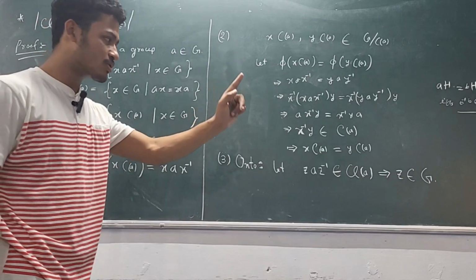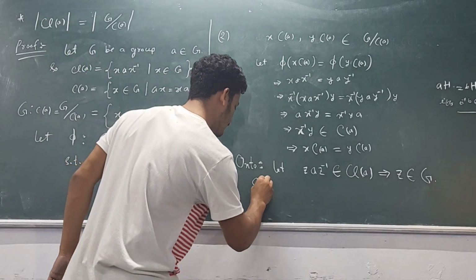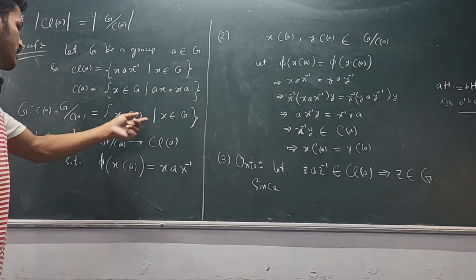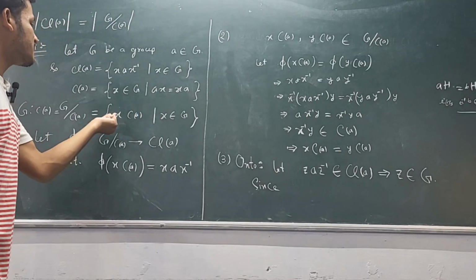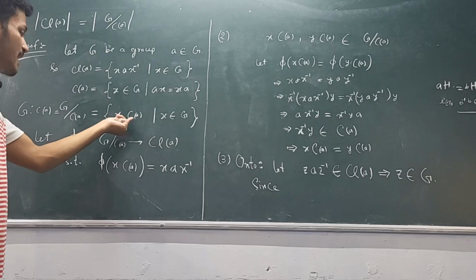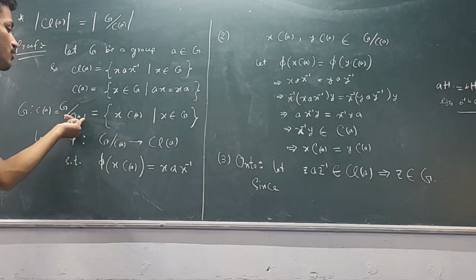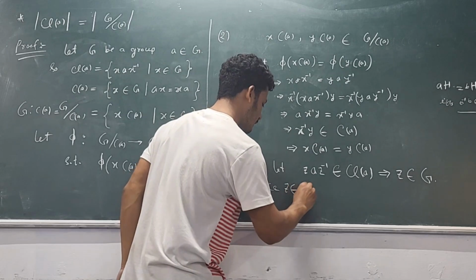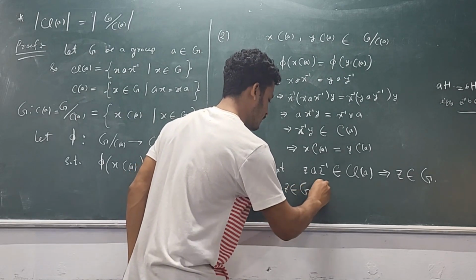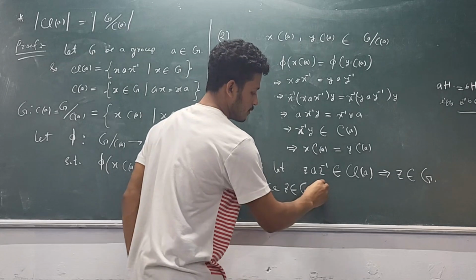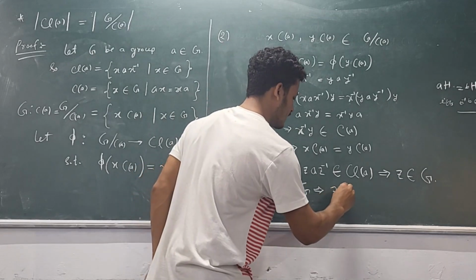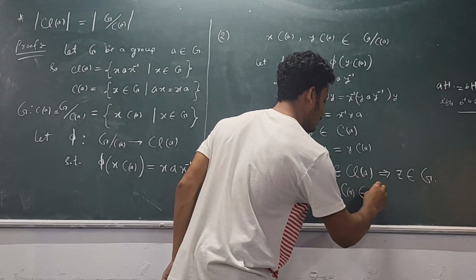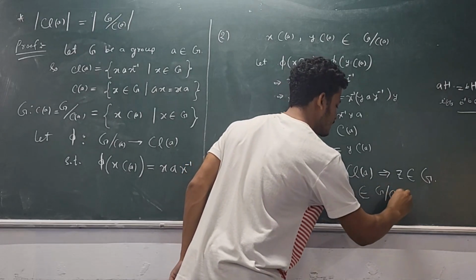If z belongs to G, then z into C(a), the coset zC(a), will also belong to G by C(a). Since z belongs to G, it will imply zC(a) belongs to G by C(a).